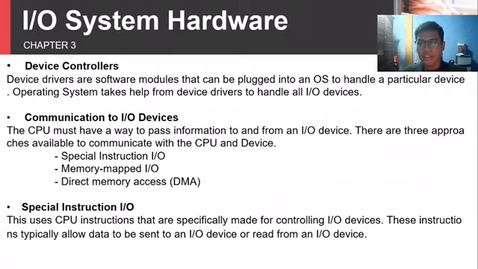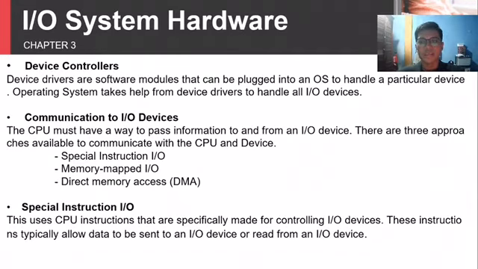Device drivers are software modules that can be plugged into an OS to handle a particular device. The operating system takes help from device drivers to handle all I/O devices and communicate with them.